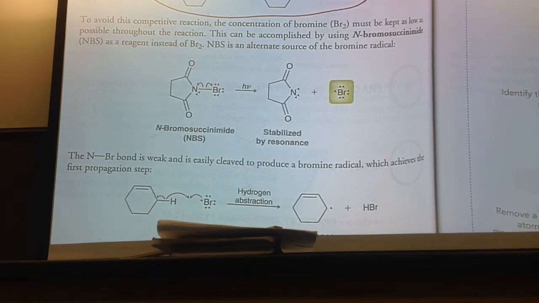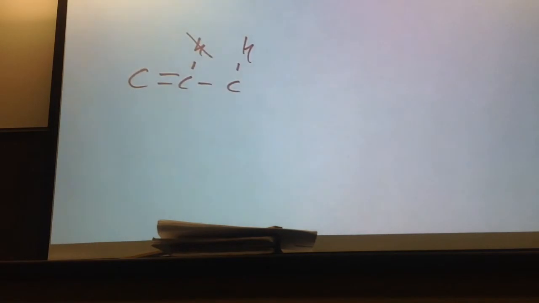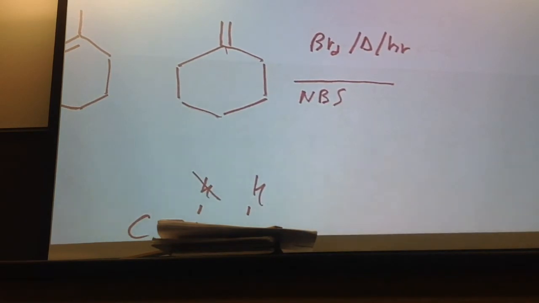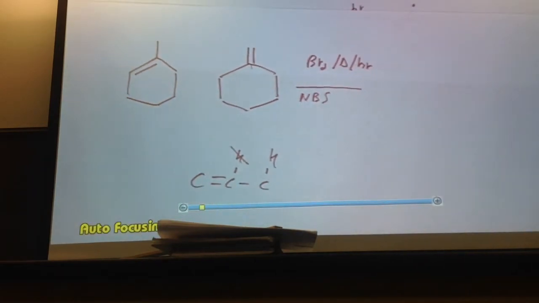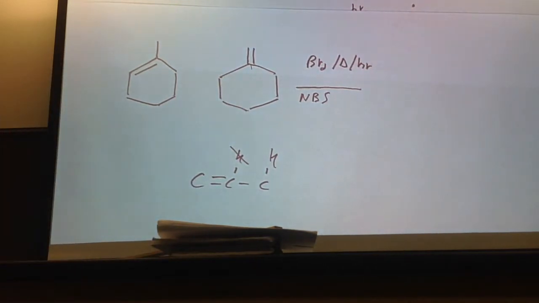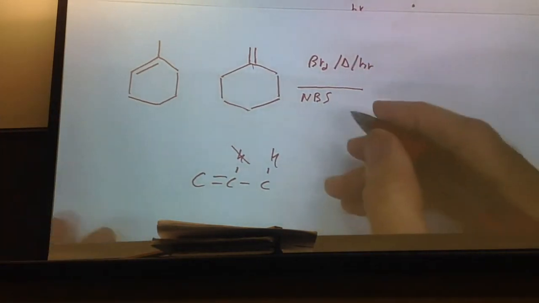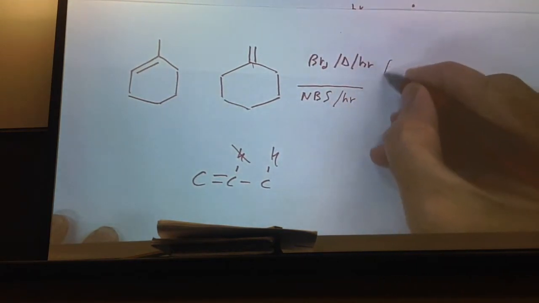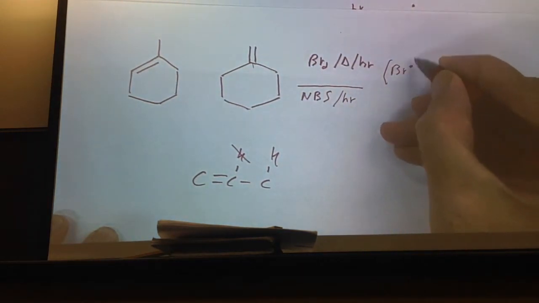So if you see either one of those, bromine and heat or light, NBS and heat or light, just usually light, that means they're generating, think this, bromine atoms. Okay?